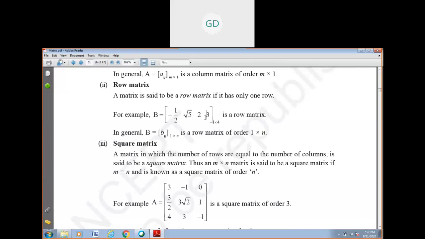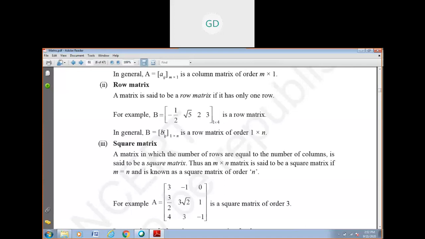So its order is definitely of the form 1 by something. Since here 4 columns are there, it is 1 by 4. The second component gives the number of columns, so 1 by 4. And generally, if you want to denote this, you can write Bij. B is simply the name of the matrix.